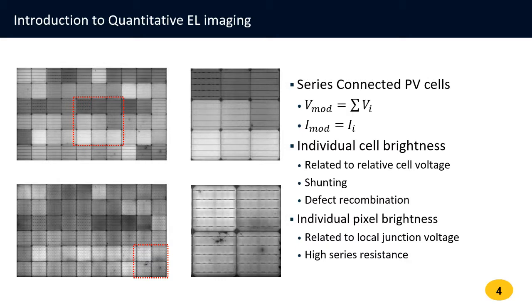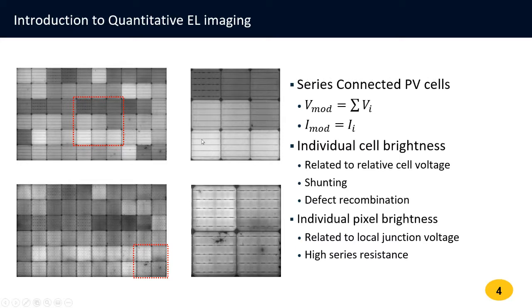So looking at the electroluminescence images I show here, with a low injection EL image and then a high injection EL image, they both give different sort of qualitative judgments. So if you look at the highlighted box over here, you can see that the cells have different average intensities.